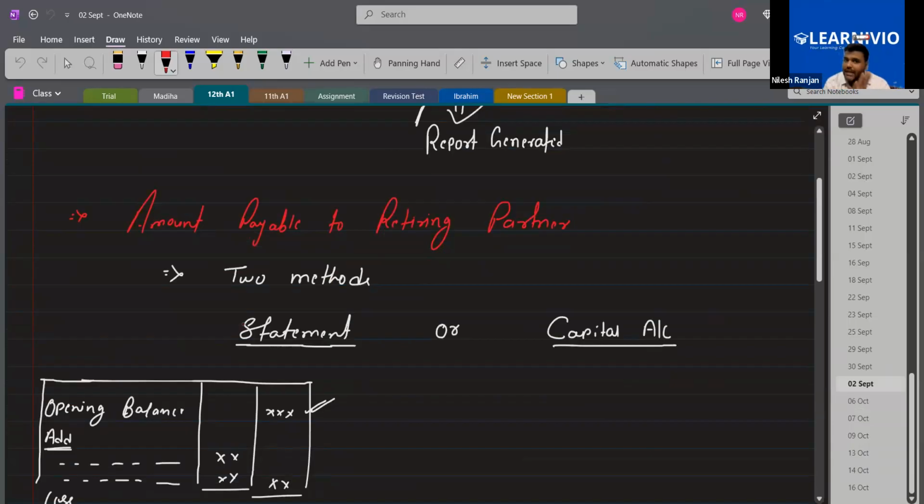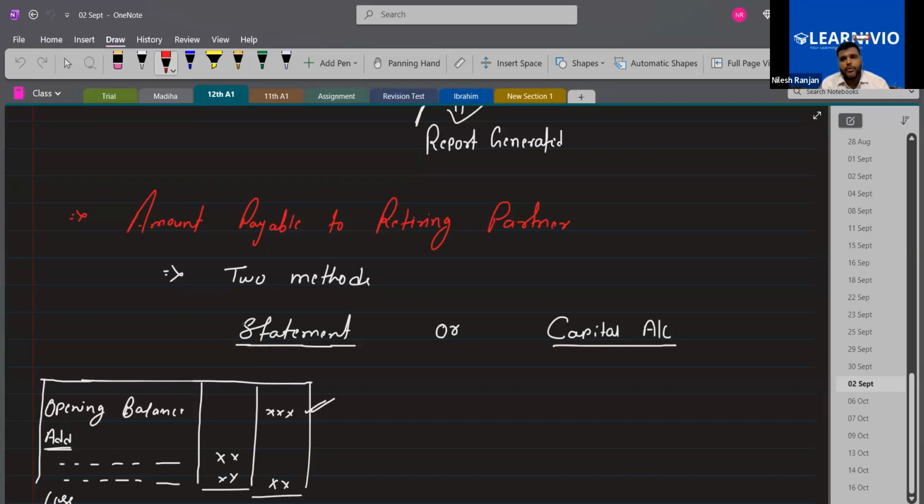Same thing, same calculation we have to do in calculation of amount payable to deceased partner's executor, because in case of retiring partner, we pay the amount to retiring partner, but in case of deceased partner, we pay the amount to his legal representative, executor, son, any other relative, or someone else.